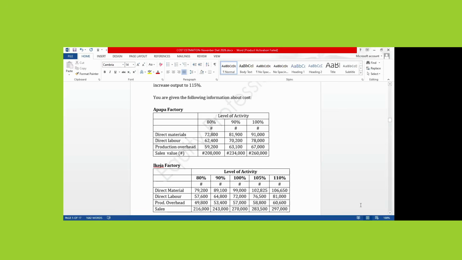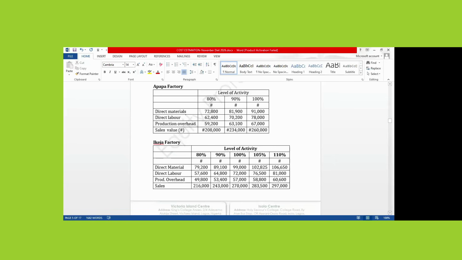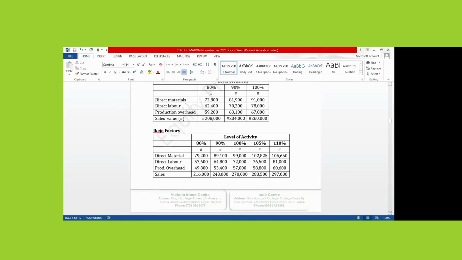Ikeja factory, from 80%, 90%, we have direct material cost, direct labor cost, production overhead cost.